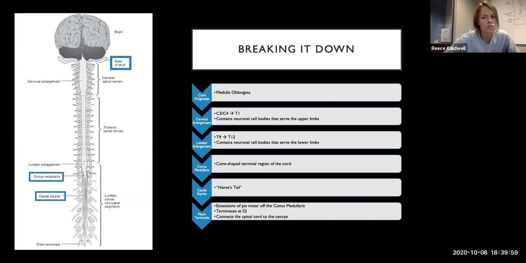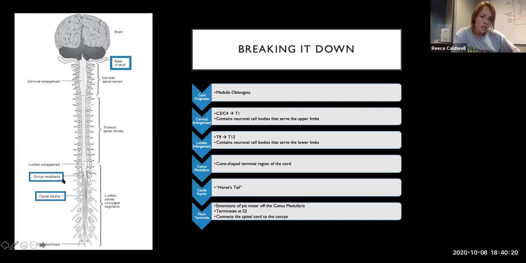You don't need to know the cervical and lumbar enlargement, but just so you know. T9 through T12, the thoracic middle region of the back, down here at the lumbar enlargement contains the neuronal cell bodies that serve the lower limbs, so your legs and your feet.